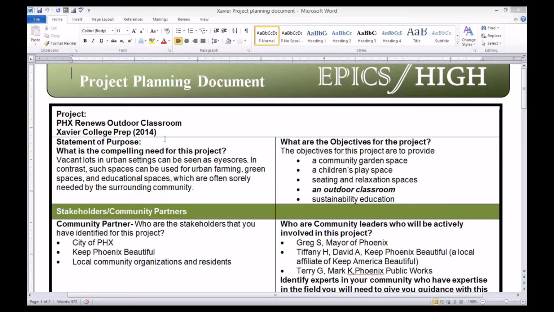So she has a statement of the problem. And the objectives for the project are a children's play space, seating and relaxing, an outdoor classroom, sustainable education, and community garden space. Do you think this would be just one project, or multiple years, multiple projects?